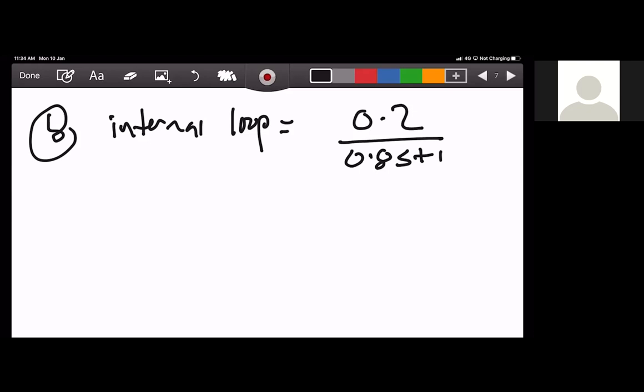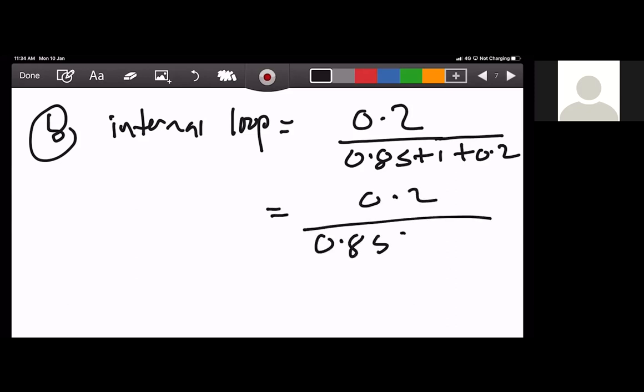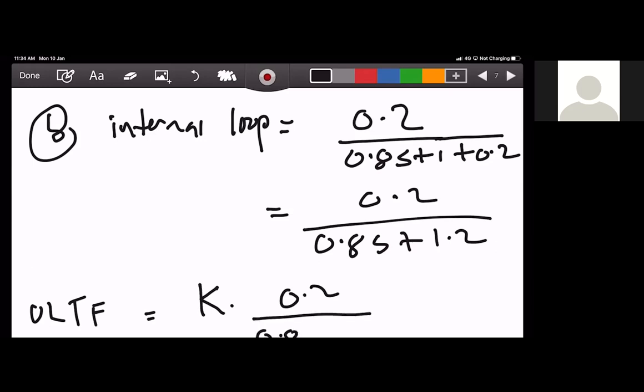0.2 over 0.8s plus 1. Including the feedback, it will become 0.2 over 0.8s plus 1.2, correct? Yes. And then the open loop transfer function, Aisyah Shahira. Open loop transfer function, not cascaded.